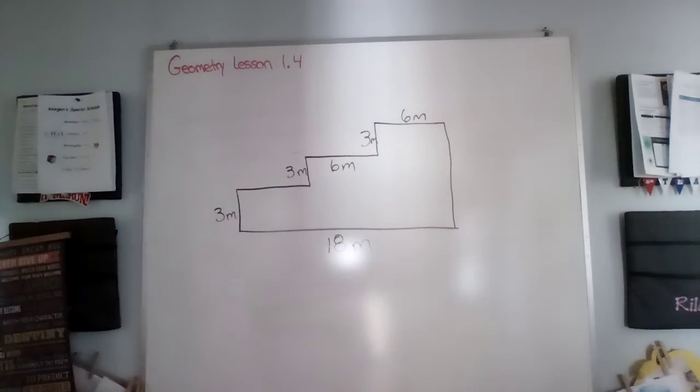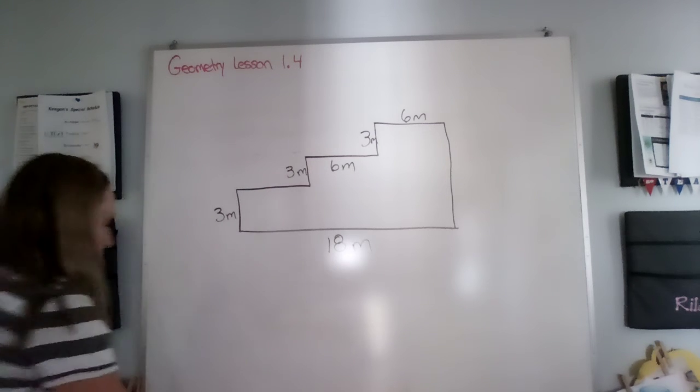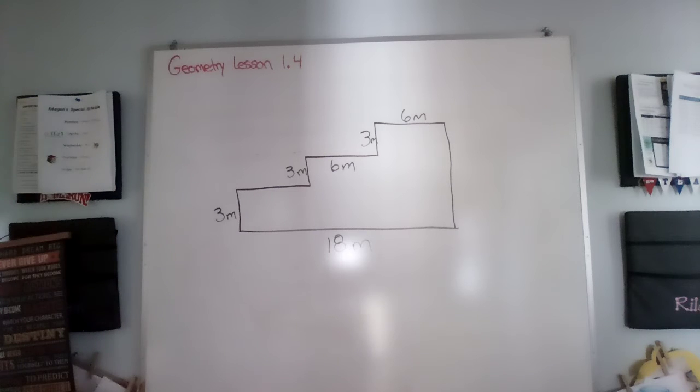Okay, so this is going to use what we call the area addition postulate. You're going to want to break this figure up into rectangles and then add all the areas together.